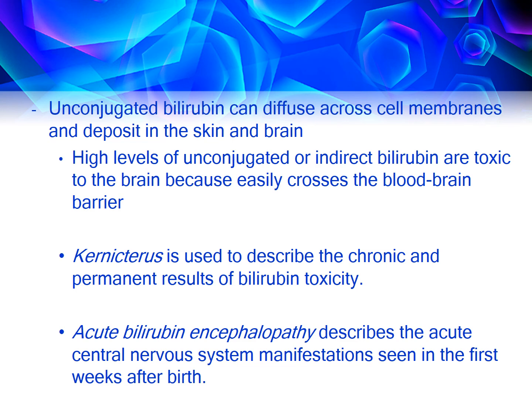Once it crosses, you can have two different conditions. You can have kernicterus, which is a chronic and permanent result of bilirubin toxicity, or you could have acute bilirubin encephalopathy, which describes the acute central nervous system manifestations that are seen in the first weeks after birth.